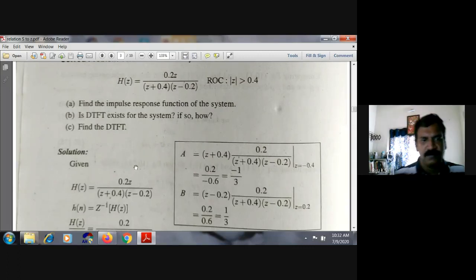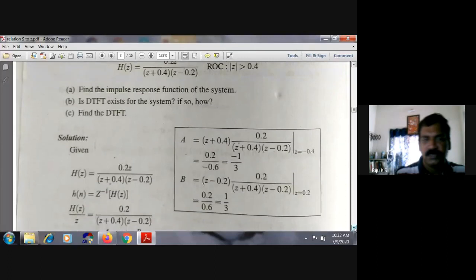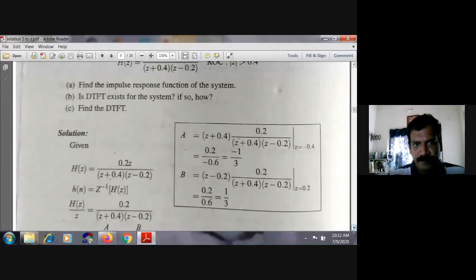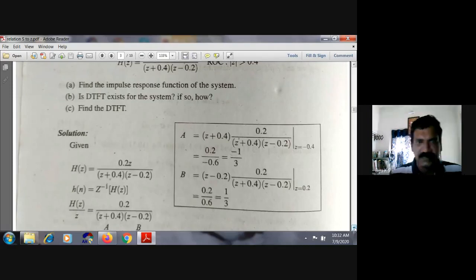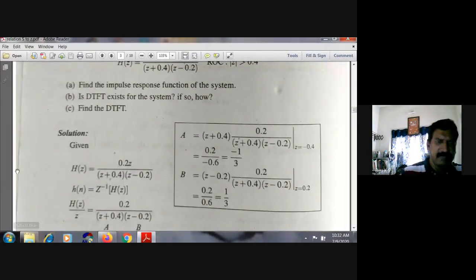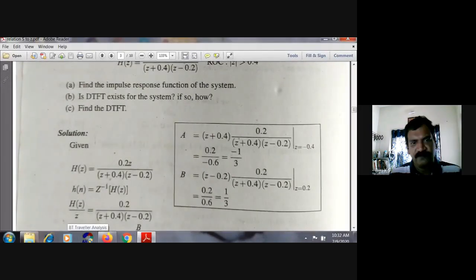Okay. So first portion, A part, is a direct question. You can take just a simple inverse Z transform. So we have H(z) equal to 0.2z by (z plus 0.4) into (z minus 0.2).